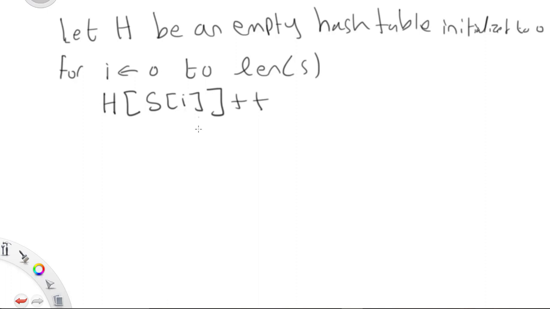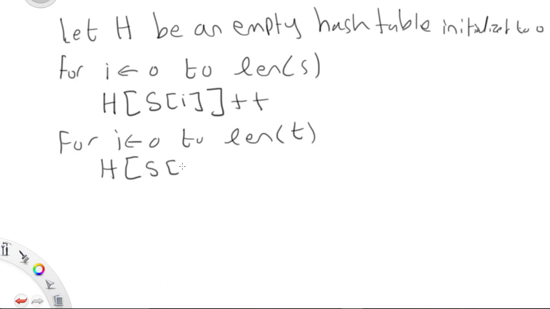So I'm increasing the count of the letter S[i]. Once I'm done, I go another loop for i from 0 to the length of T this time, and then H of T[i] minus minus. So I'm taking away 1.